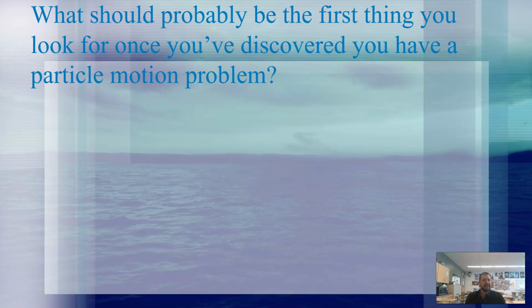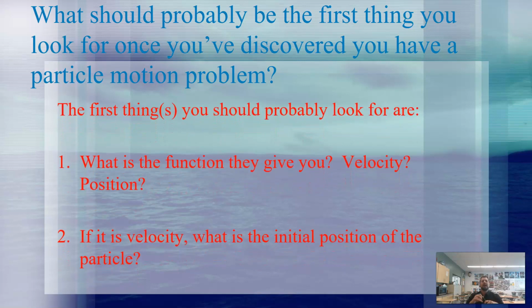So again, most of the time we're talking about this thing moving backwards and forwards, up and down. Honestly, once you recognize that you're looking at a particle motion problem, the first thing that you really should look for is what function they give you. Like I said earlier, most of the time they're going to give you a velocity function. But that is not always the case, and it's really, really important that you understand what function you actually have.